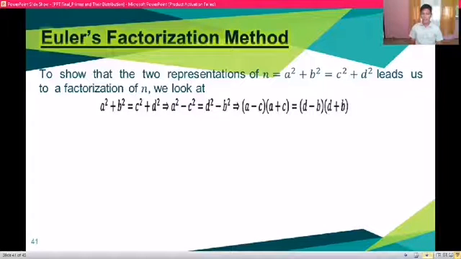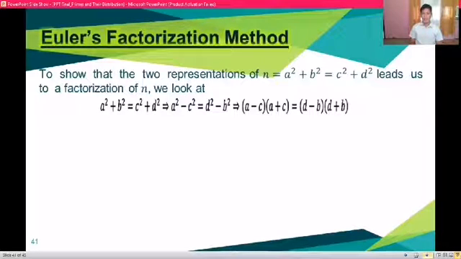Okay? I want you to remember this equation that I will introduce to you, the derivation of our formulas, so that we can use it in solving for k, l, m, and r. We will use this proof of Euler, his definition, to solve for k, l, m, and r.